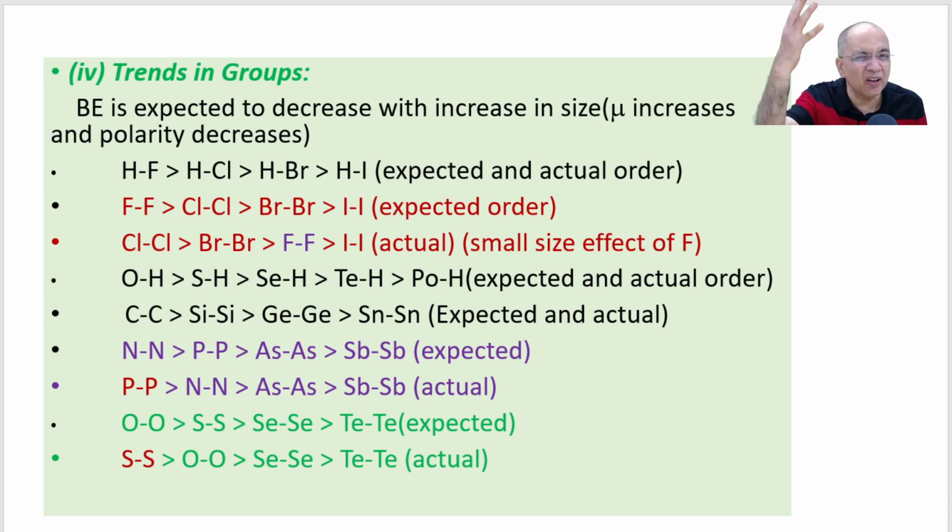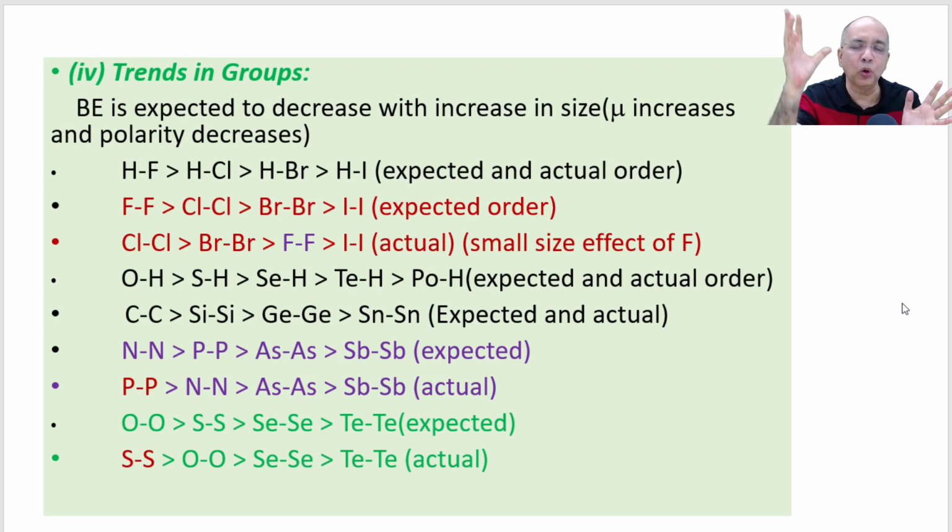Coming to the trends in the groups, the anomalies are very, very uncommon, because in a group, as the size increases, the reduced mass mu also increases, and polarity also decreases, the electronegativity decreases. So the numerator K factor decreases. As the polarity decreases, the bond becomes less and less stiff, and mu increases.